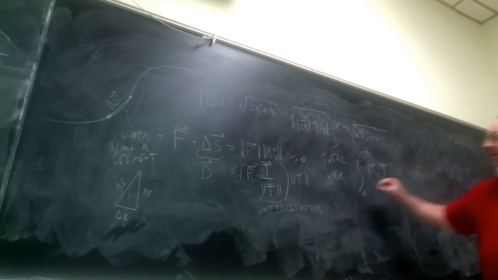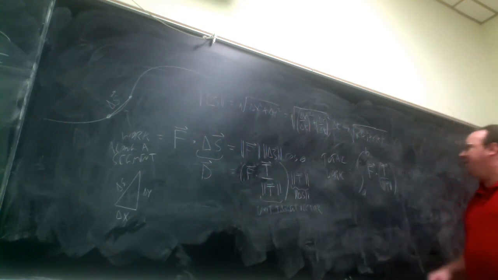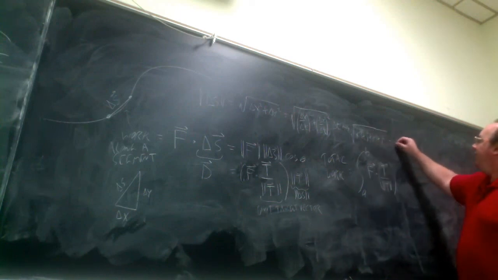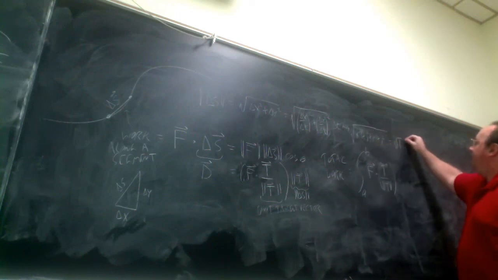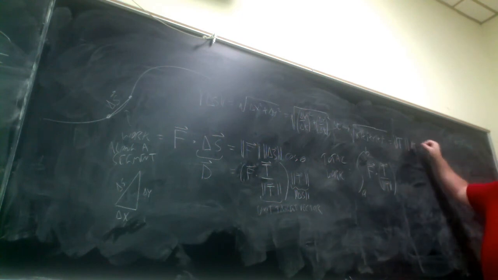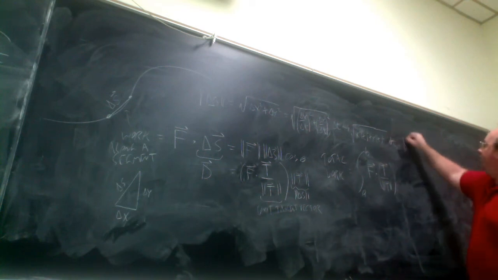Then this right here is my magnitude of delta s. This right here is the same as the magnitude of my tangent vector times, sorry, forgot the dt earlier.